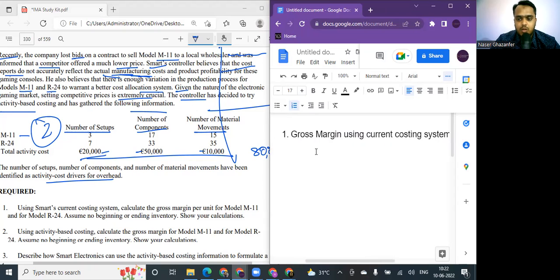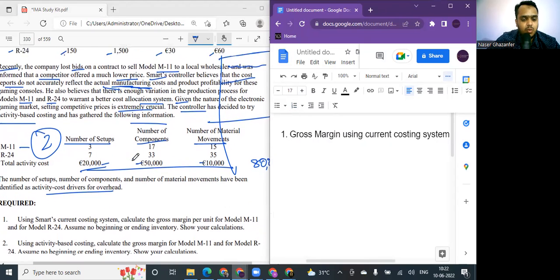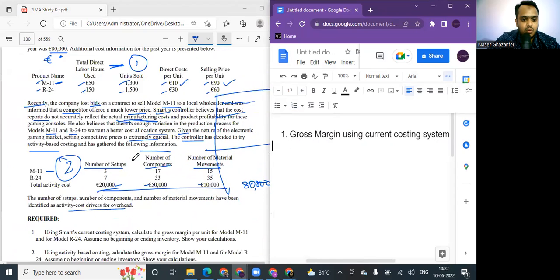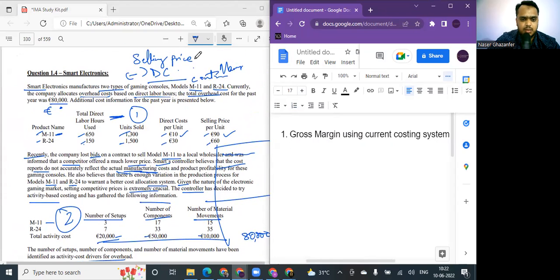So, gross margin using current costing system. Fine. So what is given here, let me explain roughly here. I have scribbled it a lot there, but still no problem.